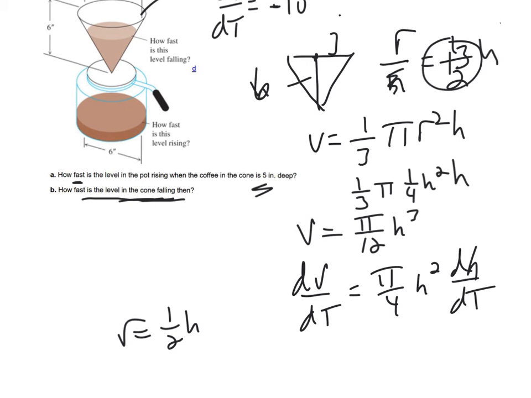I know the volume in the cone is falling, decreasing, so I'm going to write in -10 just because I'm more comfortable doing that. I probably can ignore the negative because they are asking about how fast. But now let's do some substituting. Pi over 4 times 25, because it's 5 squared, times dh/dt, which is what we're looking for in that cone.